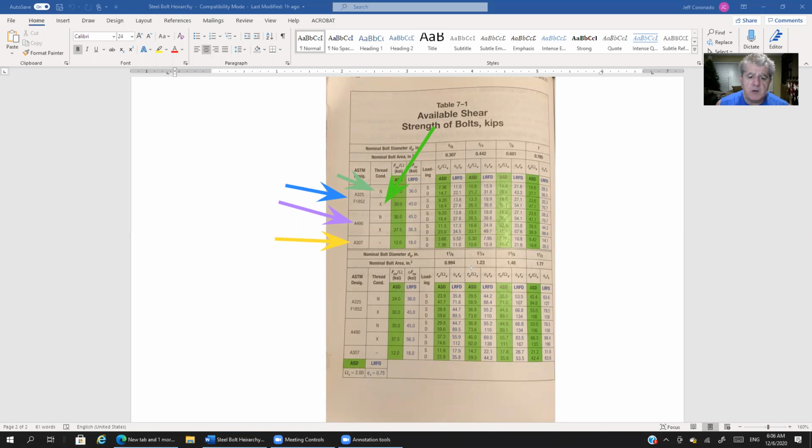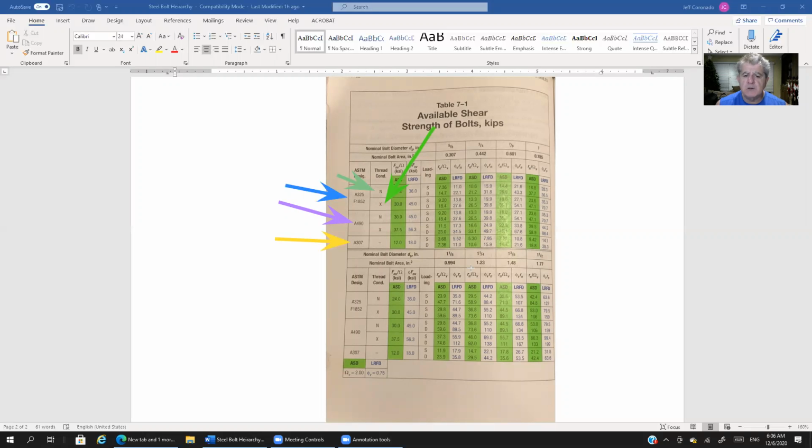So in essence, depending on your loads, your most economical bet is the A307s. If A307s don't work, then your best bet after that is A325Ns. If that doesn't work, I would probably go to A490Ns. The X is just a more difficult installation, so I would only use Xs if the load were such that you would need that, or also when the bolts need to be slip critical.